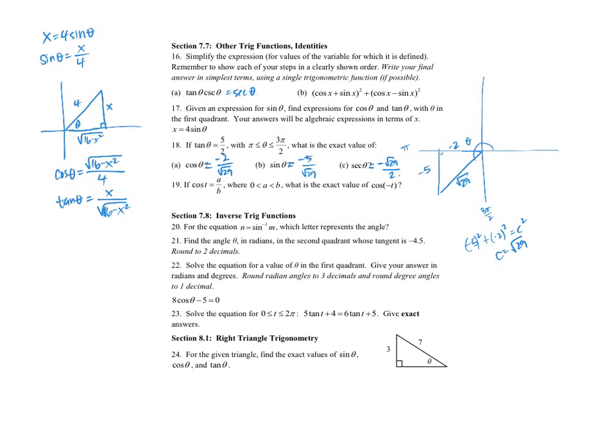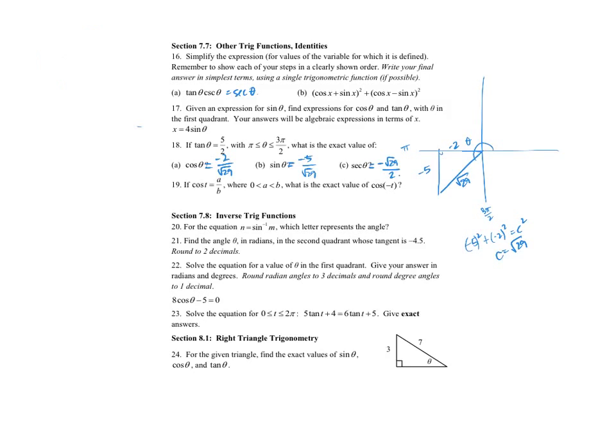Next it says if cosine of t is a over b, what's the exact value of cosine of negative t? Okay, so cosine of t is a over b. This is a symmetric argument here.